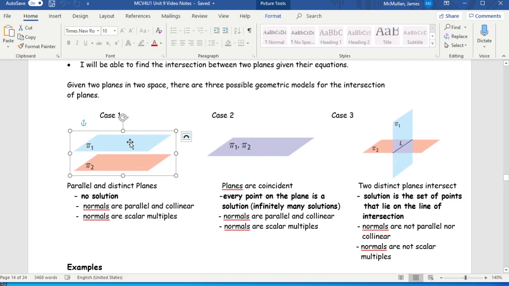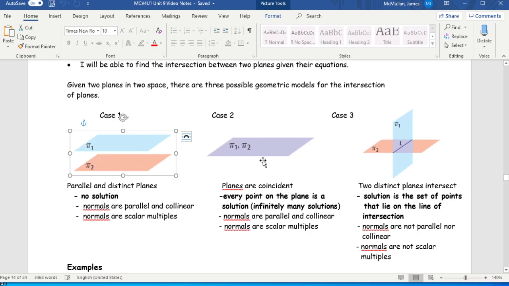If you think of these three cases, the analogy would be to lines in 2 dimensions. Lines in 2 dimensions can be parallel distinct, parallel coincident, or they can intersect one dimension lower than they exist. They exist as a 2D object, but they can intersect at a 1D object, which is a point. Planes are a 3D object that can intersect in a 2D object, which would be the line.